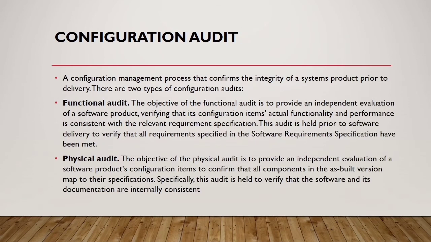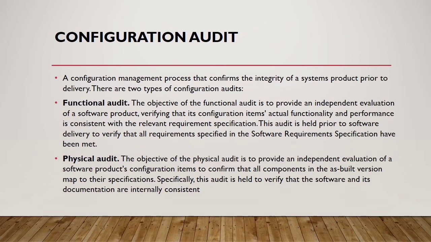We have the configuration audit in the elements of configuration management. It is a configuration management process that confirms the integrity of a system product prior to delivery. There are two types of configuration audits. The first is the functional audit and the second one is the physical audit. When it comes to the functional audit, it talks about function. They have an independent evaluation.